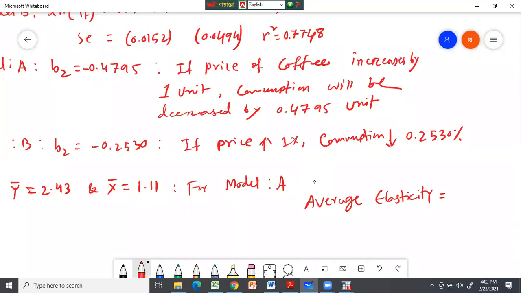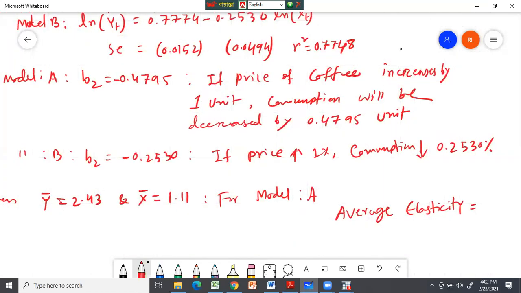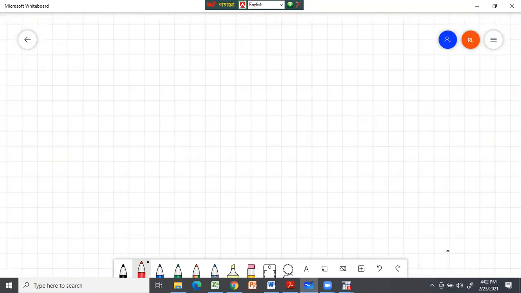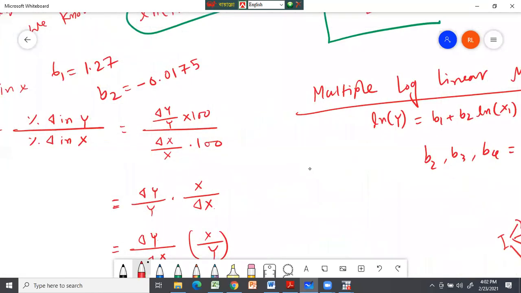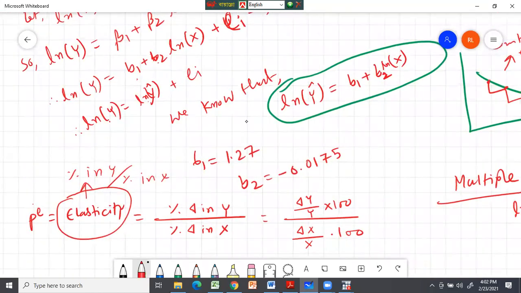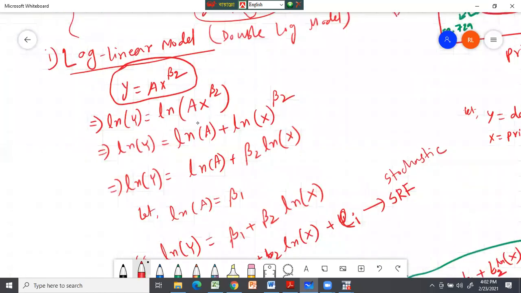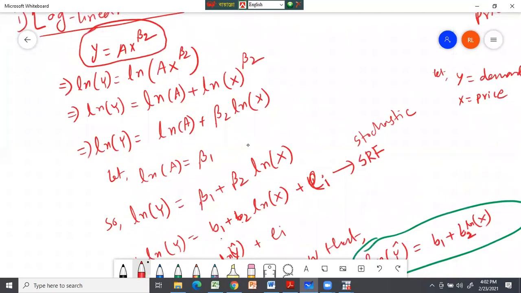It is equal to the derivation I showed you earlier. I showed a derivation of why we use the log form on both sides of a non-linear regression model, to incorporate the elasticity issue.